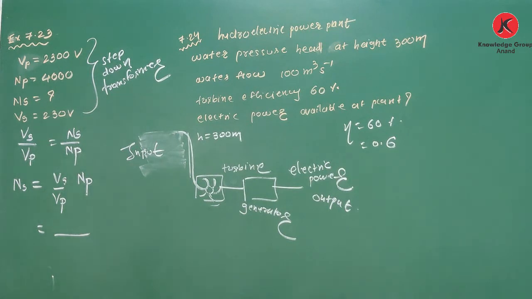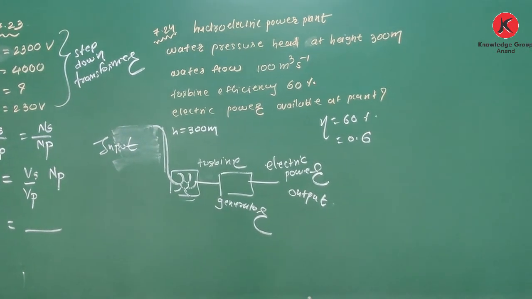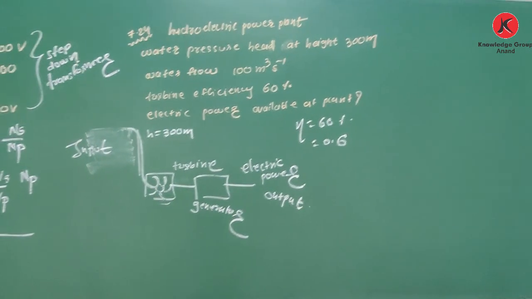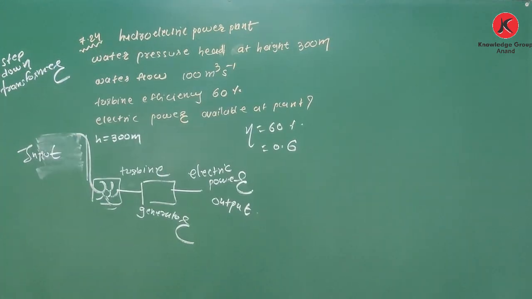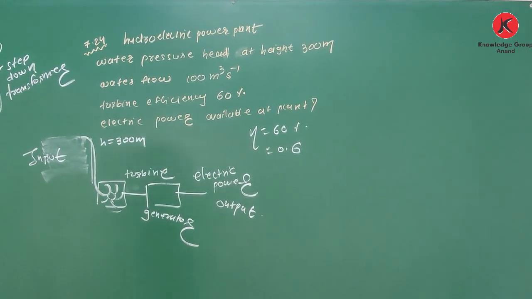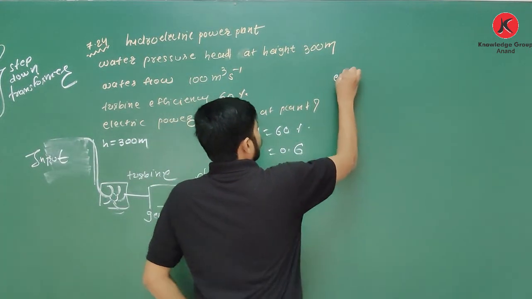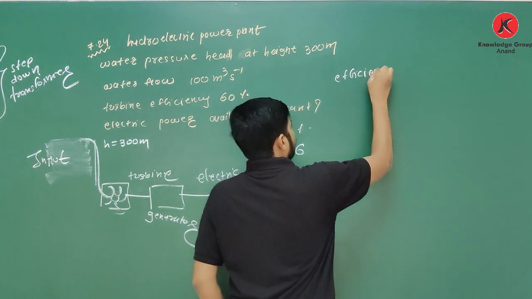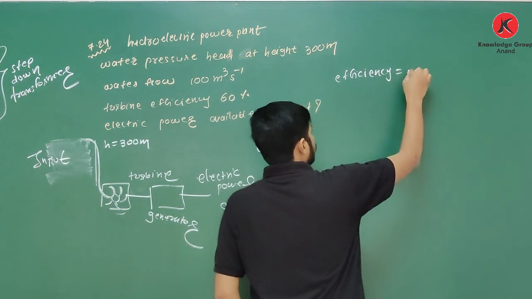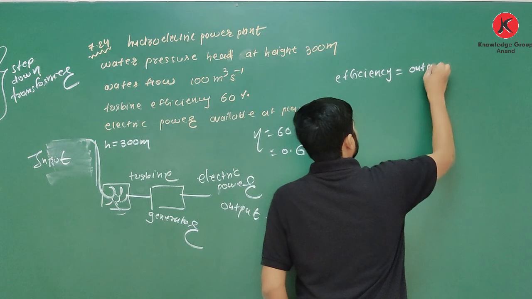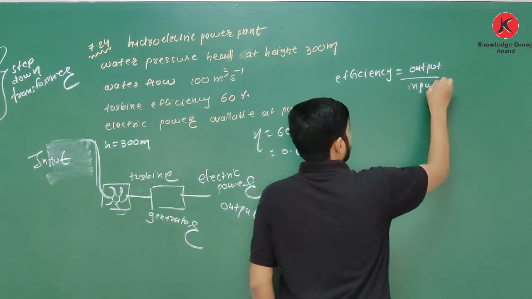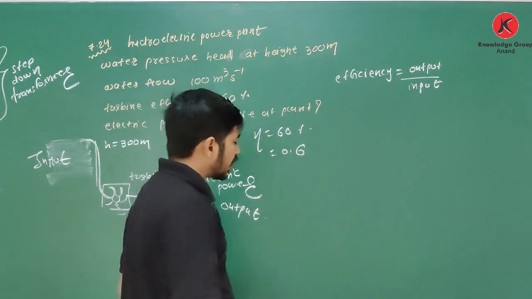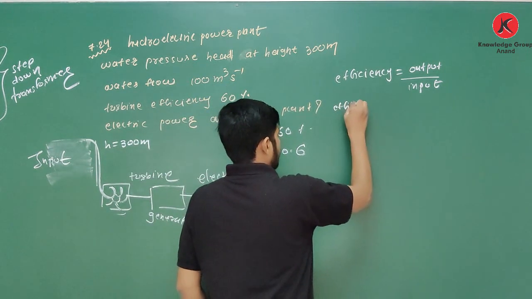Now what is the equation of efficiency? Always remember the equation of efficiency: efficiency is equal to output power upon input. Here, how to write the definition of efficiency?